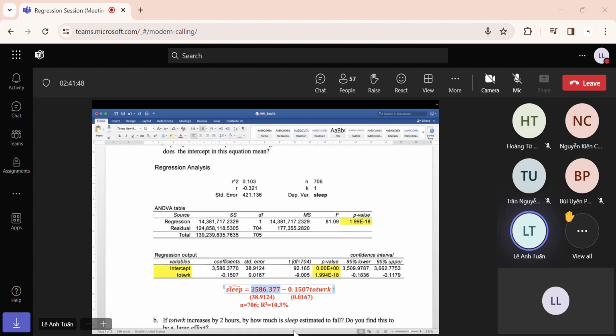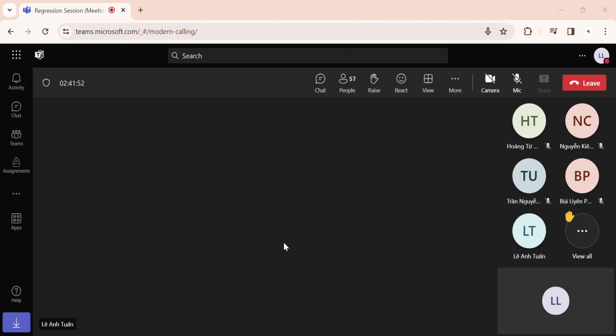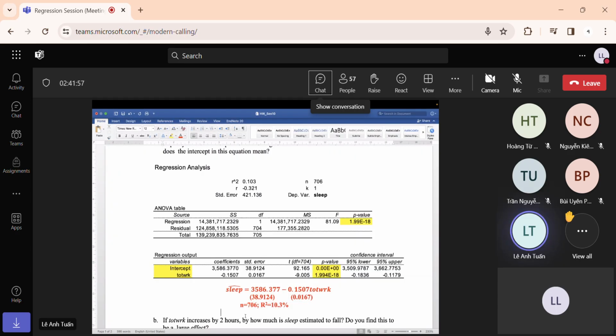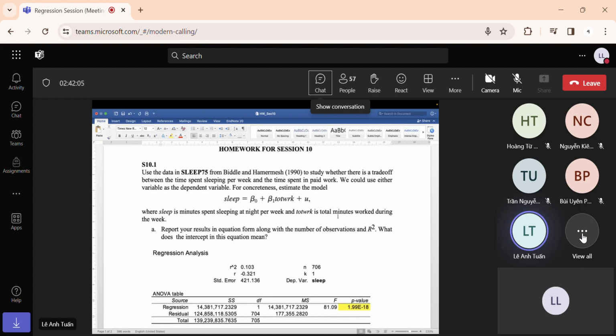I think that is the value of the dependent variable when the independent variable equals 0. Because here the total work is the total minutes for working.